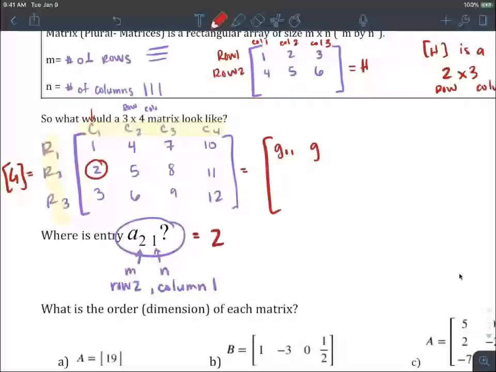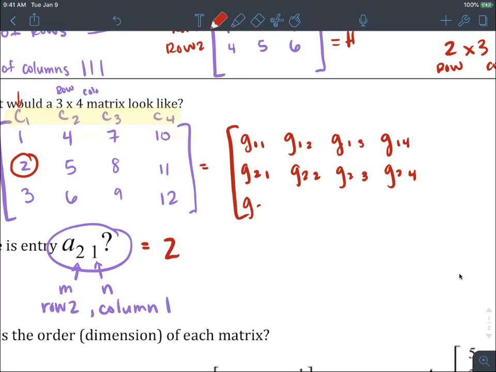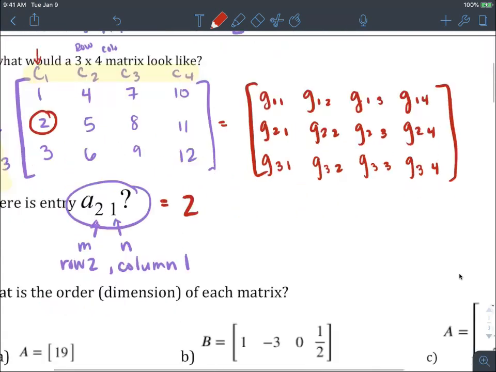Row 1, column 2. Row 1, column 3, G sub 1, comma 4. G sub 2, all of these are row 2, and this is column 1, column 2, column 3, column 4. G sub 3 for the row: G sub 3, 1, 3, 2, 3, 3, 3, 4. Okay. So each is a different entry.